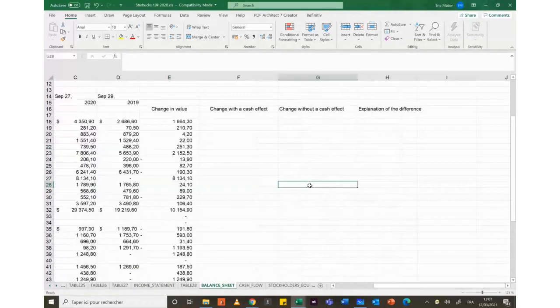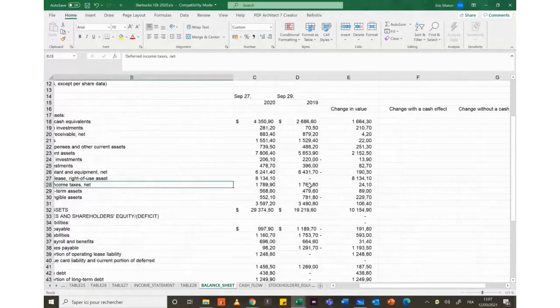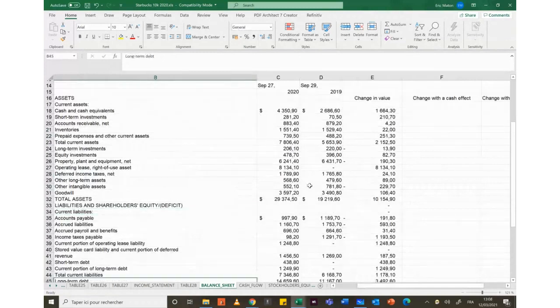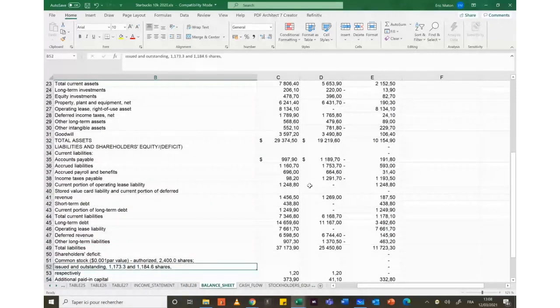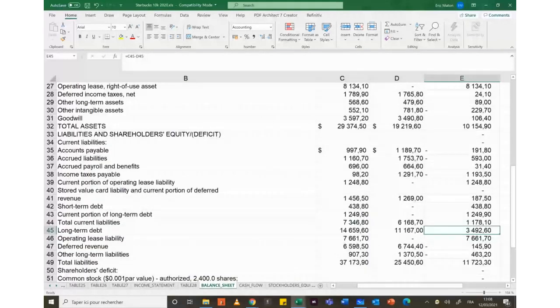So for instance, maybe in the change in the debt, we will go to the long-term debt, current portion, short-term, long-term. Here, the change in long-term debt is $3,492.6 million. So in billions, 3.5 billion.